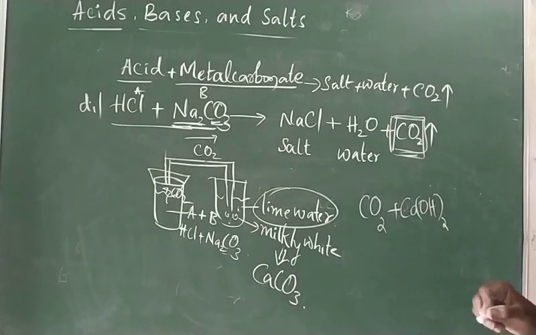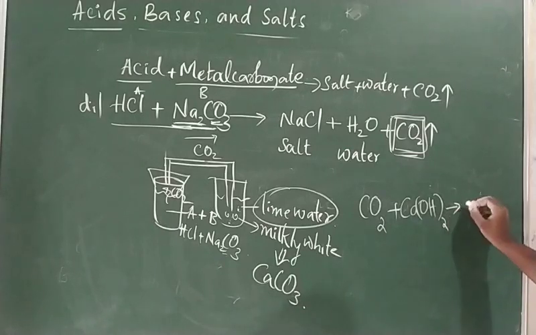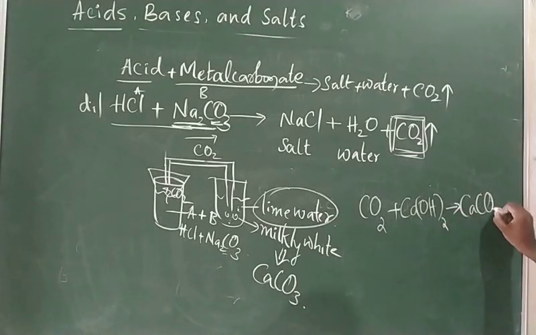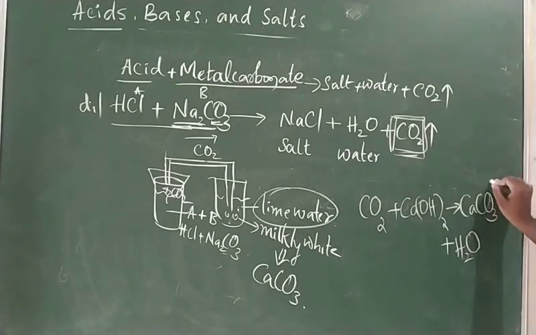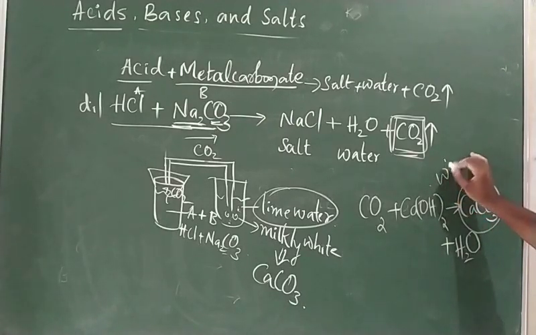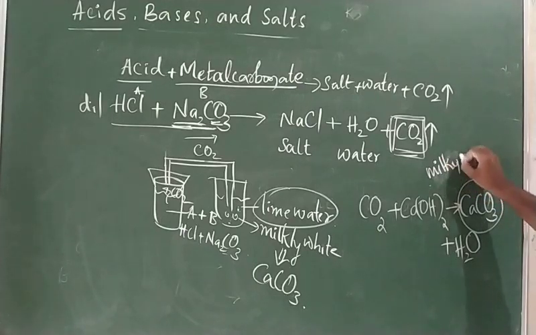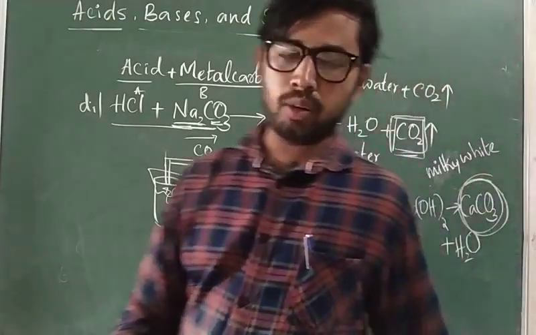As you know, calcium hydroxide reacts with carbon dioxide to give calcium carbonate plus water. Because of the formation of this, the solution turns milky white. This milky white indicates the formation of calcium carbonate. This much you should remember.